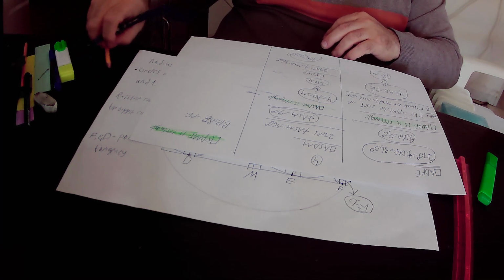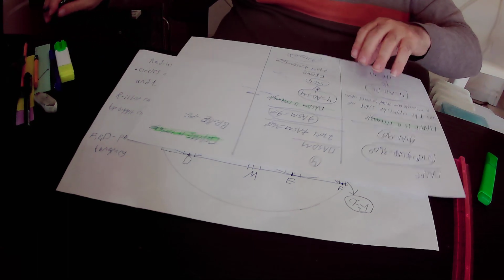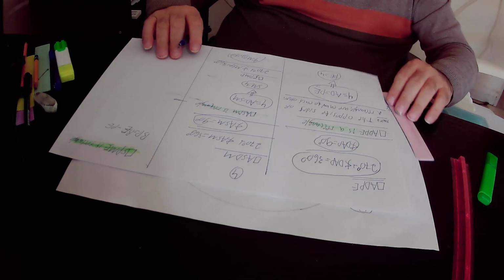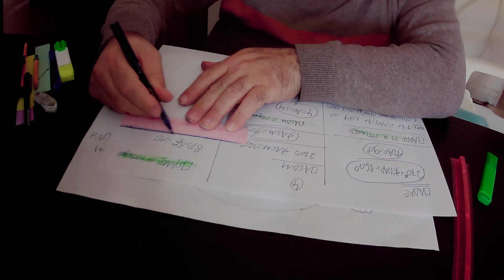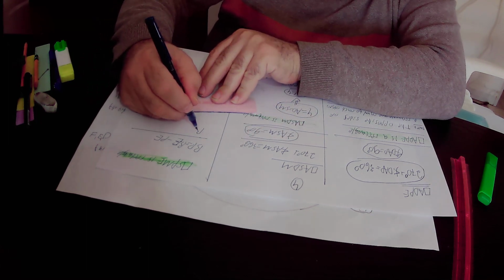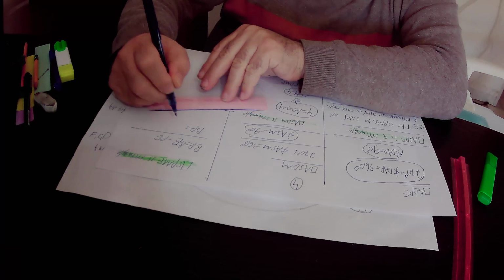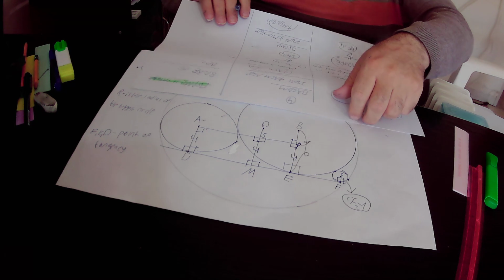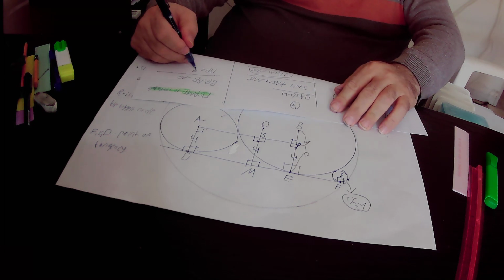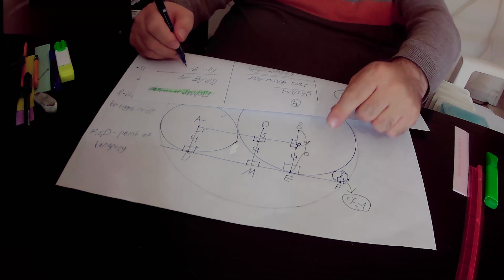So actually BP equals BE, which equals 9 units, minus PE, which equals 4 units.